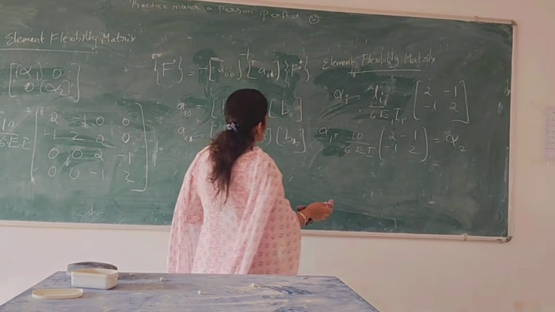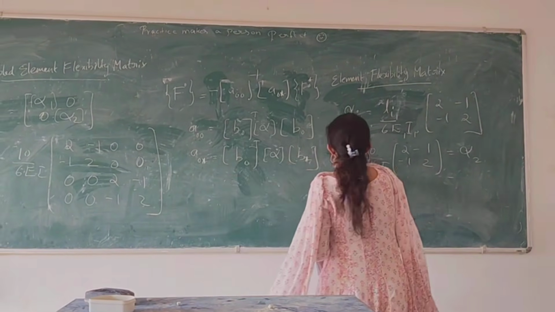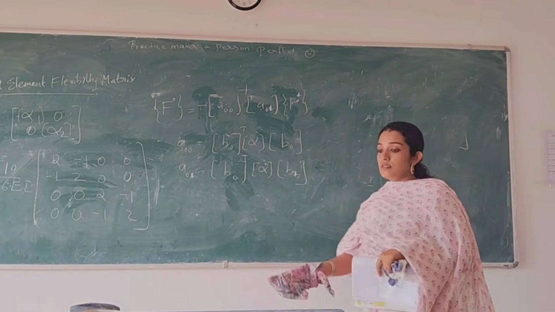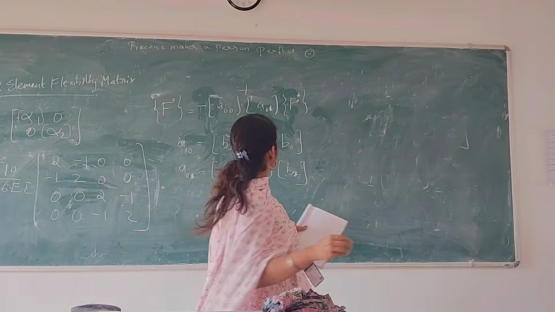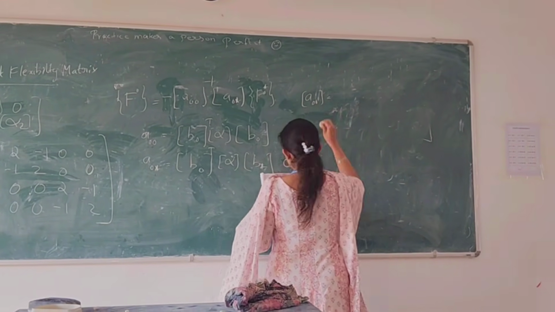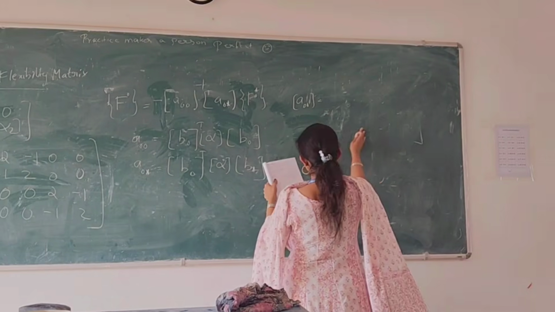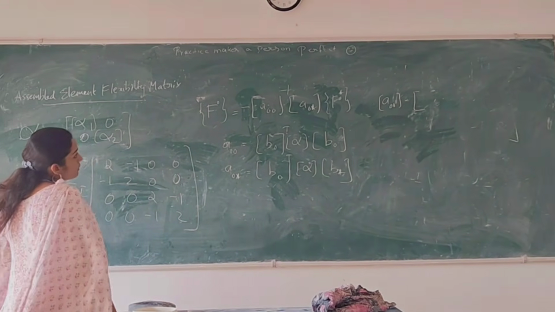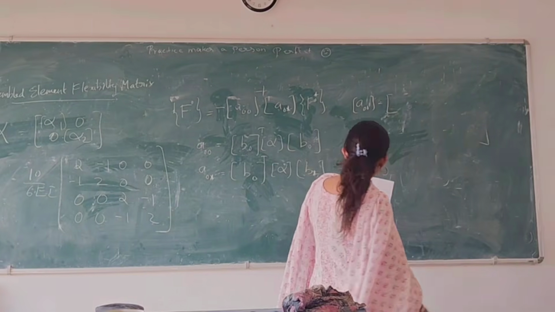So now we are going to find out the A naught naught matrix and A naught star matrix. We will find out the A naught naught matrix first. So A naught naught matrix is going to be B naught transpose. Remember the B naught matrix, the B matrix is somewhere here.